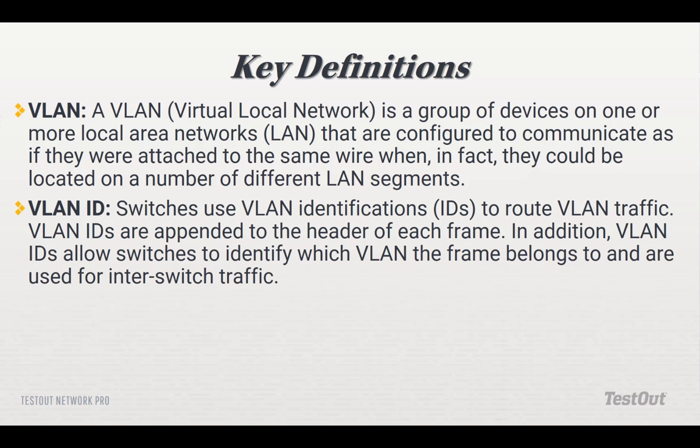Virtual LANs. I've given you the actual definition of a virtual LAN. There's many of them, but basically it's a group of devices, and I'm going to read this to you, on one or more local area networks configured to communicate as if they are attached on the same wire, but they are really on different network segments or different LAN segments. The VLAN ID is nothing more than a numeric number.